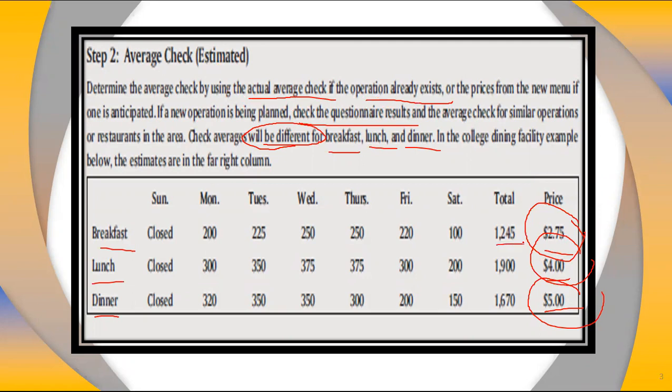That's how they get the average check. But since you are going to put up your initial establishment, you just need to estimate or base your average check on the survey questionnaire or on your bestseller price in your menu. So that's how you get your average check. Okay, next.